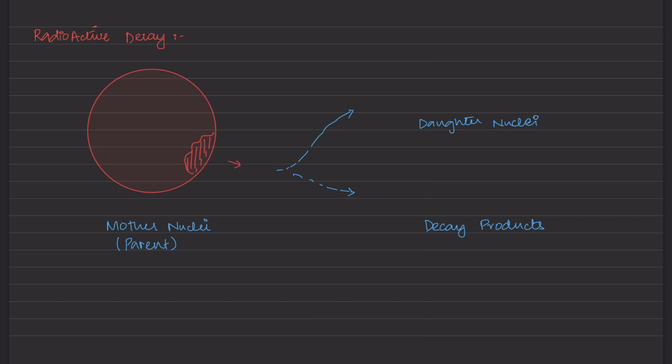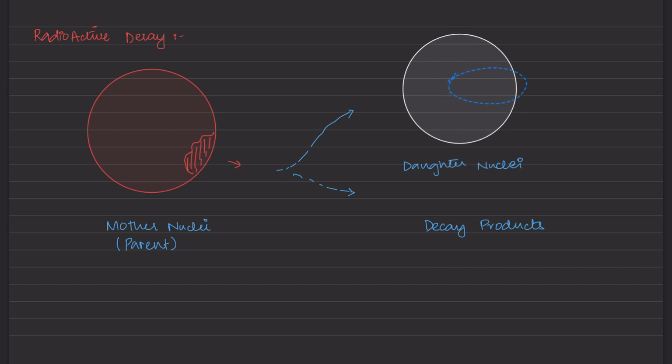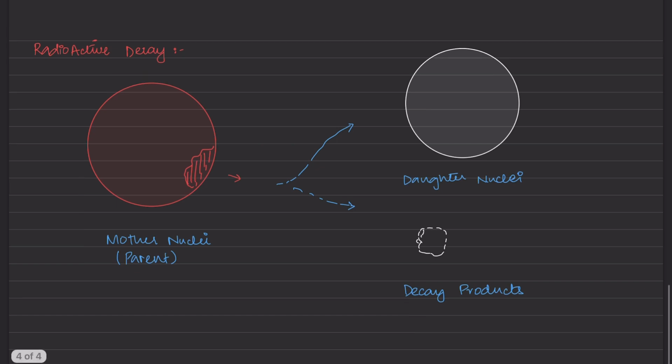Previously we had the mother nucleus. The daughter nucleus would just go down in size a little bit, because obviously it shed some of its portion here. Then the decay product would be something smaller, which has now left the overall system.